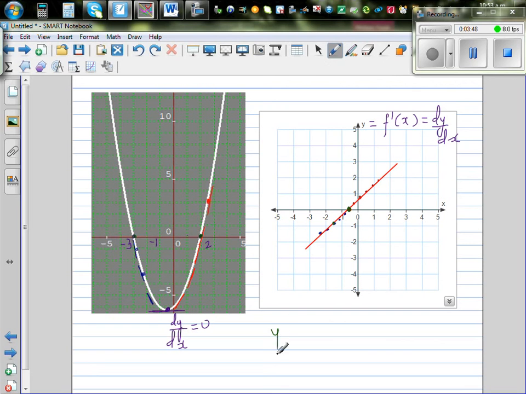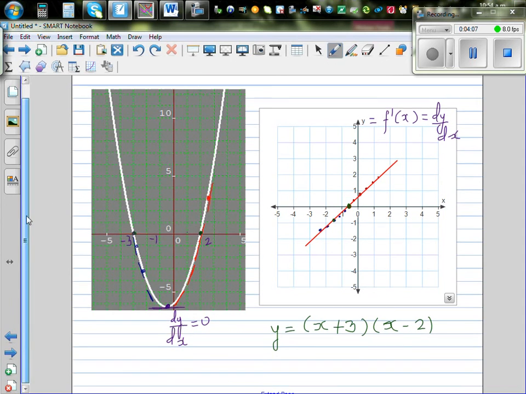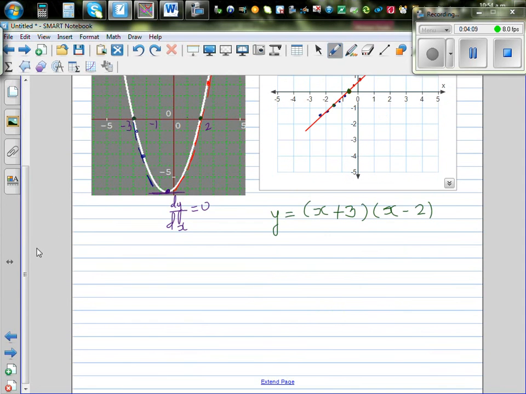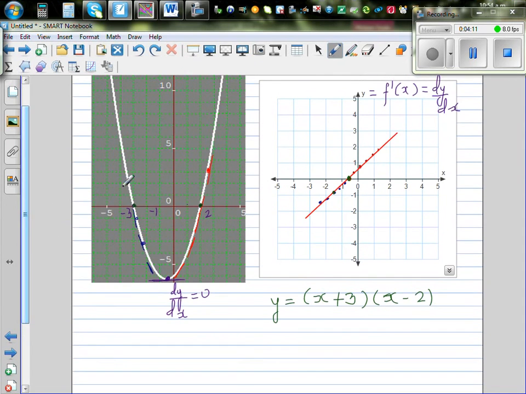Let's make a guess. The equation of the graph can be y is equal to (x plus 3) times (x minus 2). If you have learned a little algebra, you should know that: if you know the x-intercepts, this can be the function.